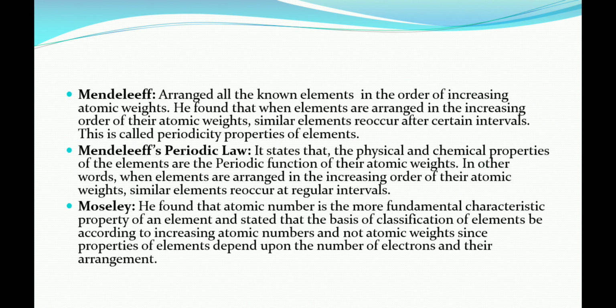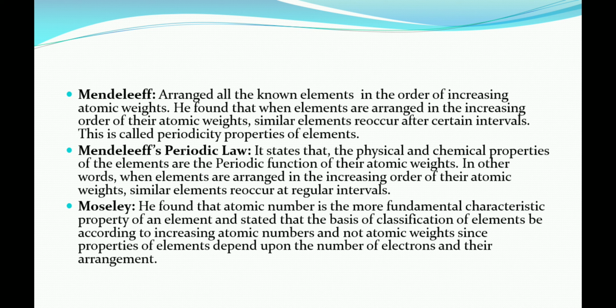Then came Mendeleev. He arranged all the known elements in the order of increasing atomic weights. He found that when elements are arranged in the increasing order of their atomic weights, similar elements reoccur after certain intervals. This is called the periodicity of properties of elements.